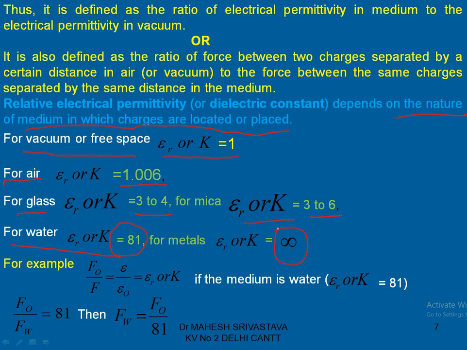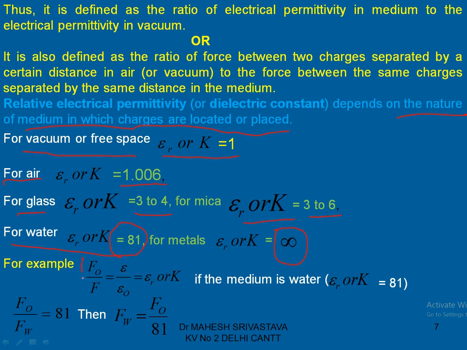Now you understand how the force between the 2 point charges gets changed or affected when the medium between the 2 point charges is changed. For that purpose, we take an example of the formula you already know for relative electrical permittivity or dielectric constant.